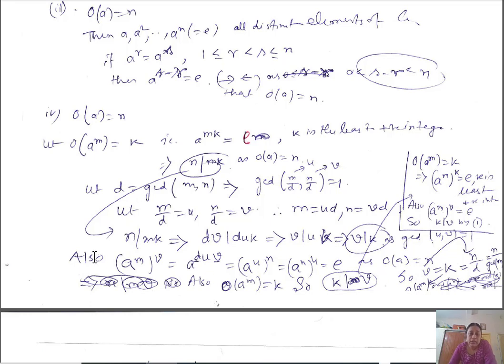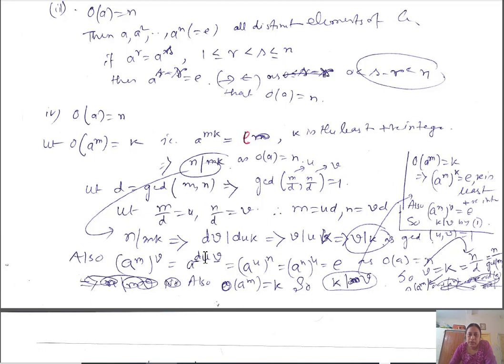Another thing you observe: if you take A to the power m whole to the power v, what do you get? A to the power m you substitute ud, so A to the power udv. Now what is the value of dv? dv is n.